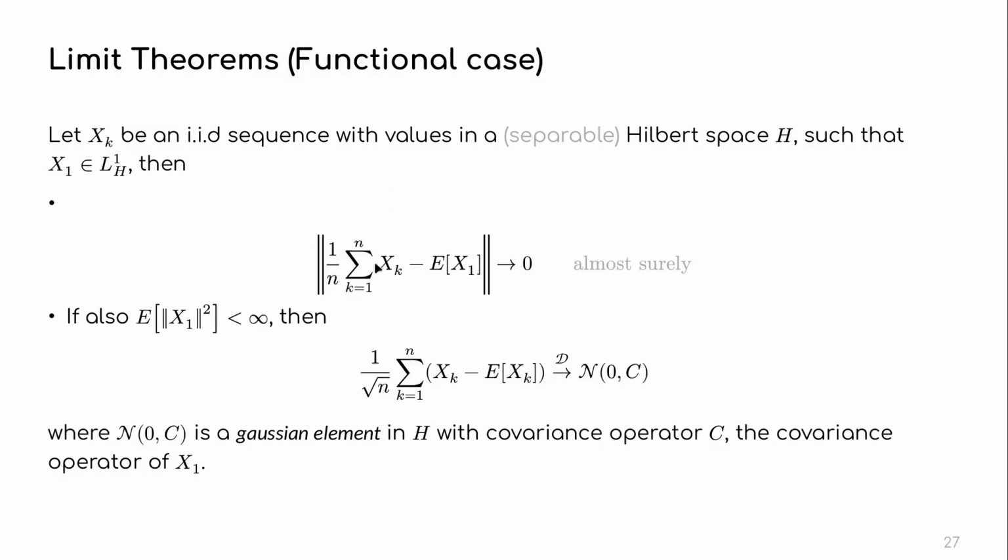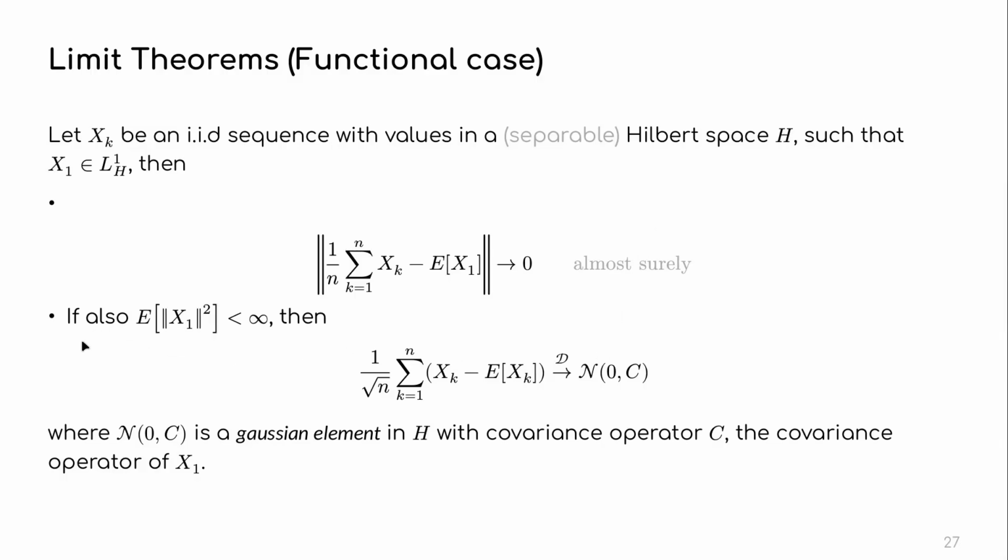My sample mean converges to my population mean. And again, ignore the almost surely or separable if you don't know what those mean. And again, the law of large numbers holds in the functional setting.